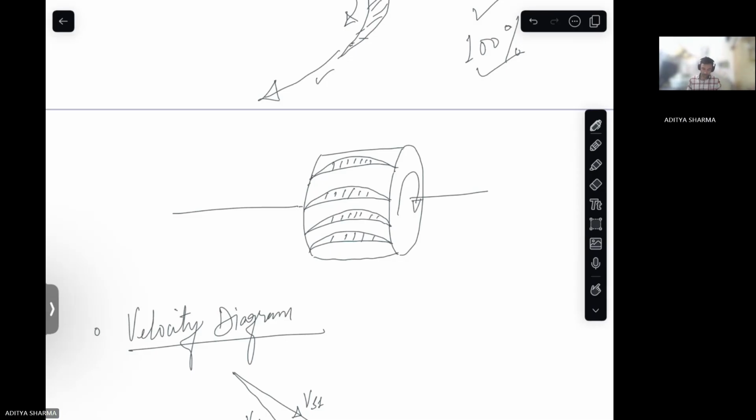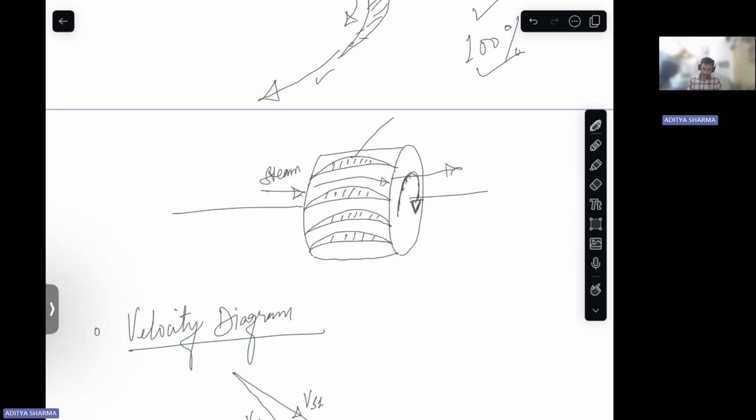Let's say these blades are moving blades. Steam will enter from here, go like this, and exit like this. The function of the steam is to rotate this shaft in this direction.